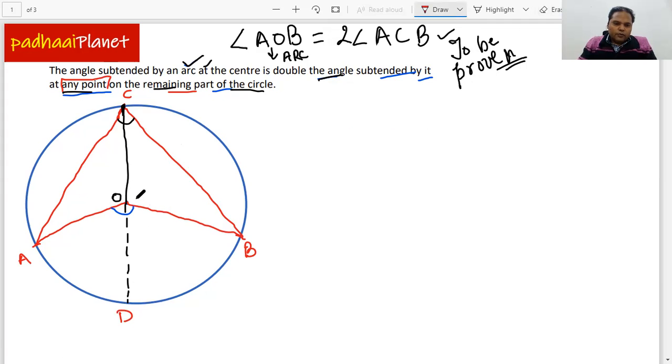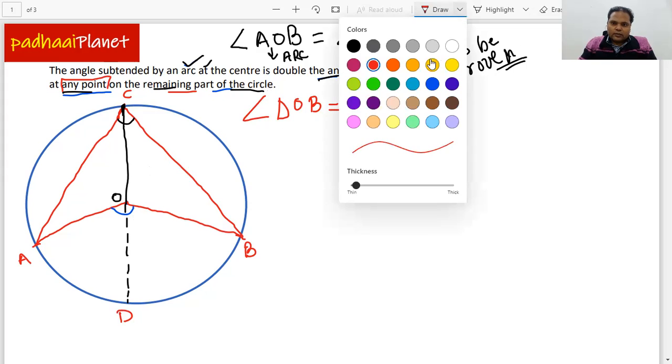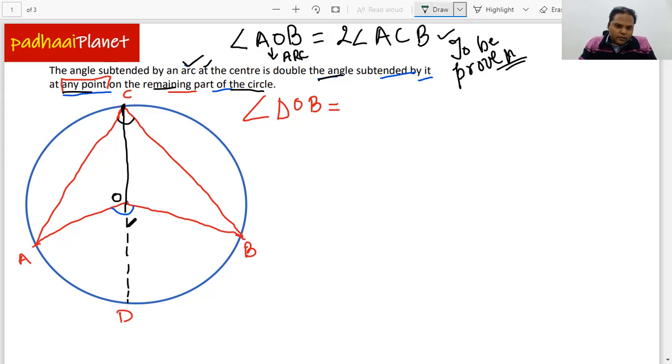So now what we do is we will consider this. We'll check out this angle DOB. So we have angle DOB. We can quickly see this is angle DOB, right? Now this is nothing but the exterior angle.